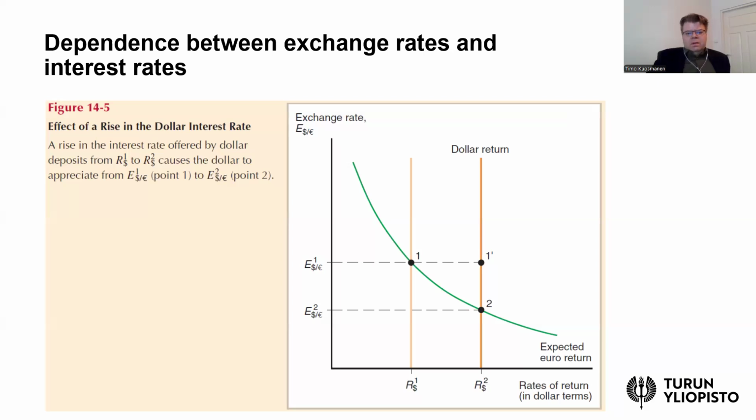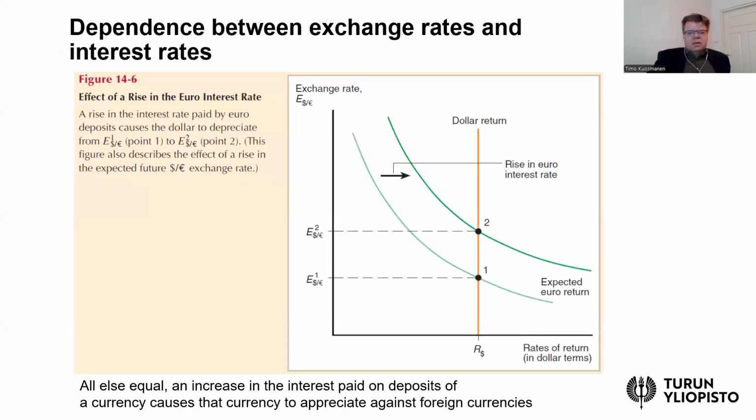Now, what happens if, on the other hand, the European Central Bank increases its target interest rates, and in the US the Fed maintains the same interest rate? Then in that situation, the orange vertical line stays the same, but the green line shifts to the right.